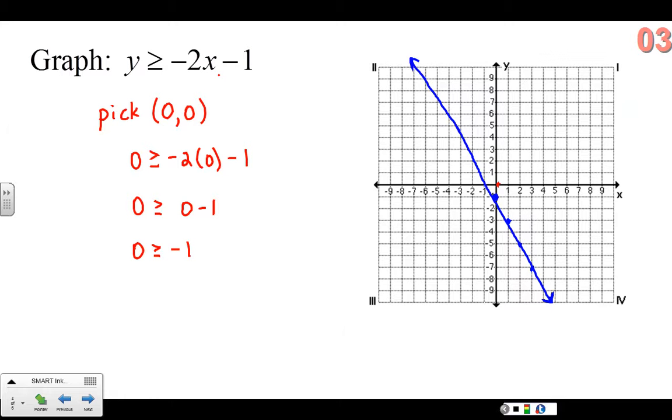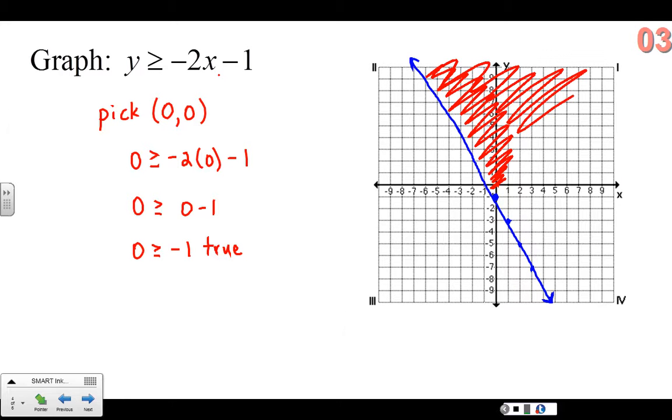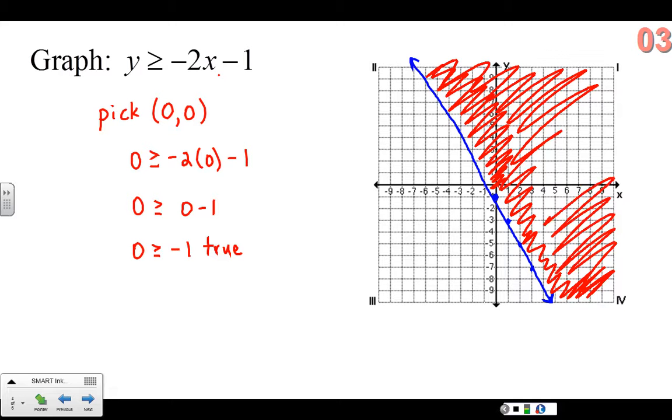Is 0 greater than or equal to negative 1? That is true. So I'm going to shade on the side that the test point was on. So since it's on this side, we're going to shade all the points in the coordinate plane on that side of the boundary line.